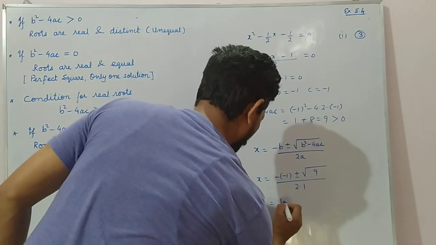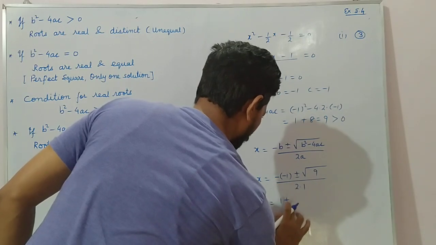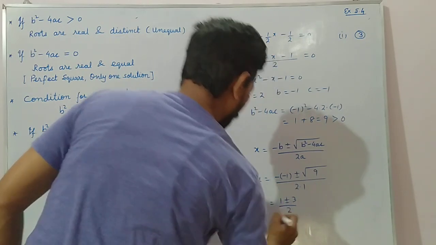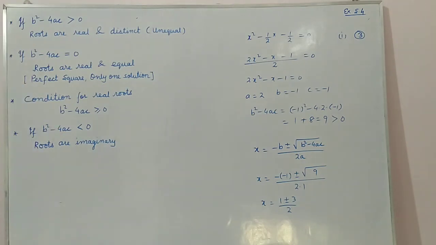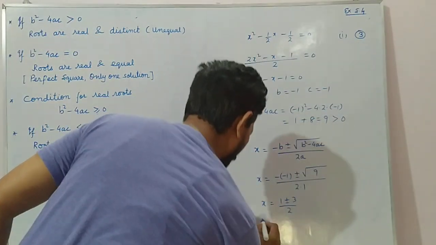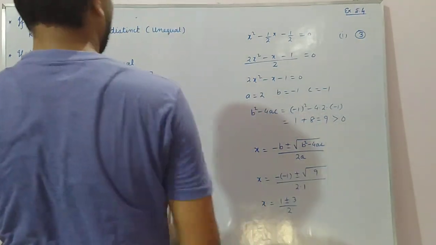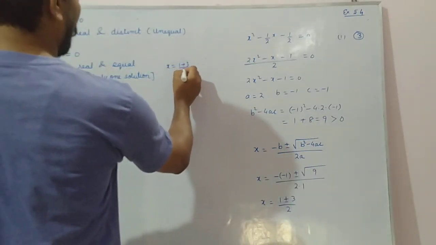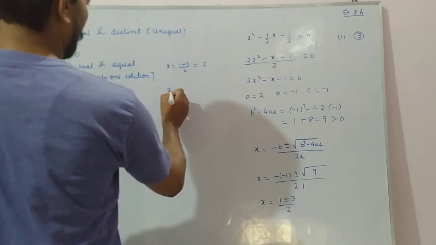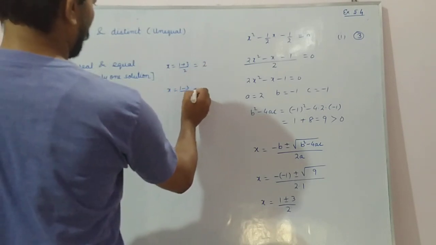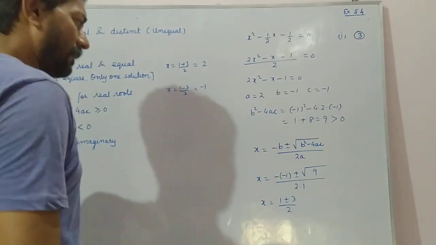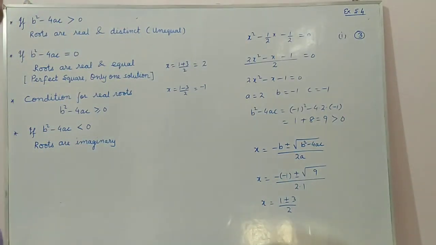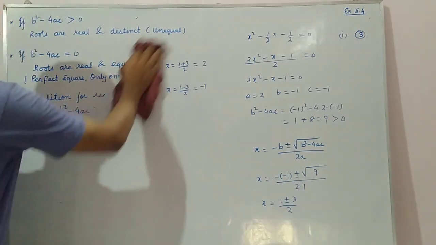So x equal to 1 plus or minus 3 by 4. One root value will be x equal to 1 plus 3 by 4, and the second one is 1 minus 3 by 4. So these are the values of x. This is question 3 number 1. Next, 3 number 2 we will do. See here.